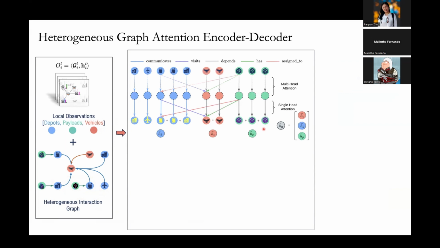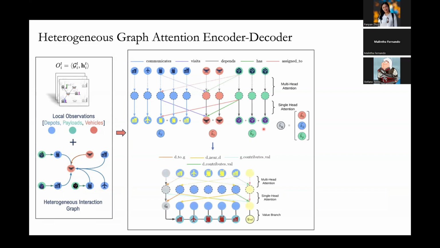We process this input graph over a couple of neural network layers, and then we take the output feature vectors of the depot type nodes, vehicle type nodes, and payload type nodes, take the average node of each type, and concatenate all of them to create something called a summary node. We think this is a good representation of the original observation space.